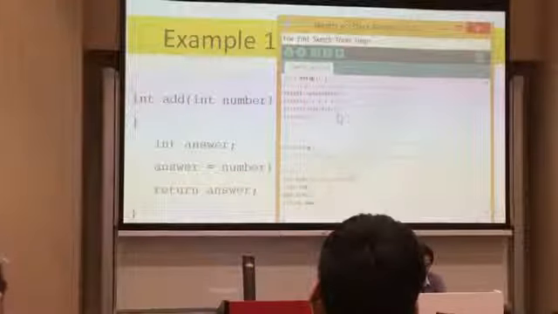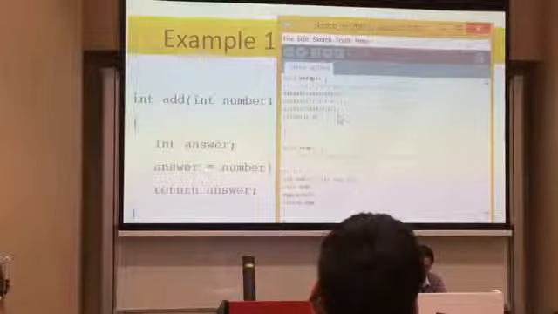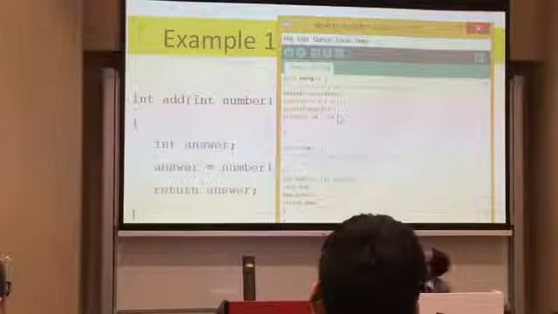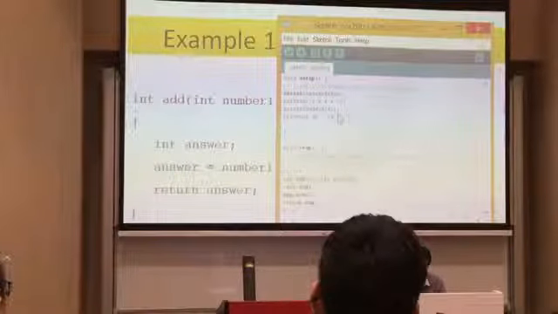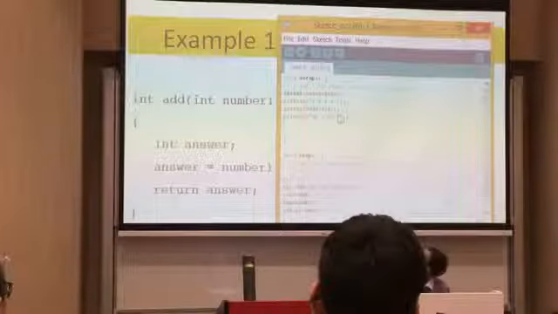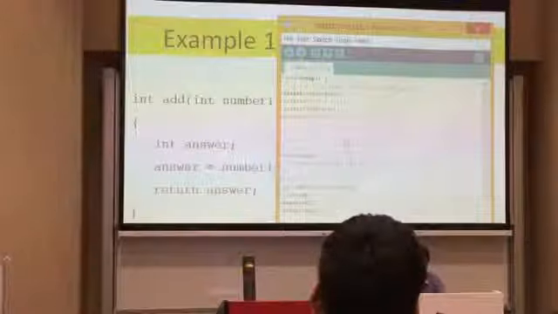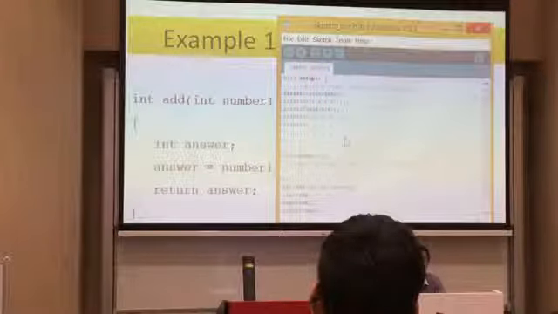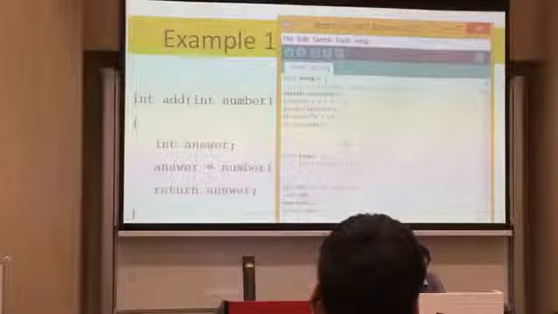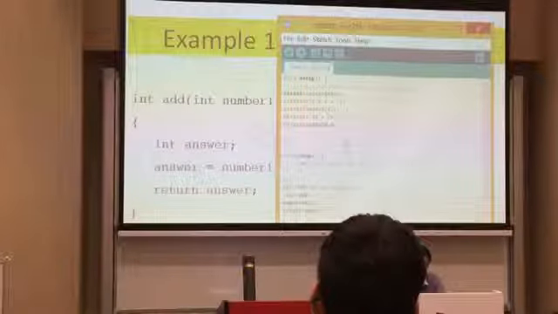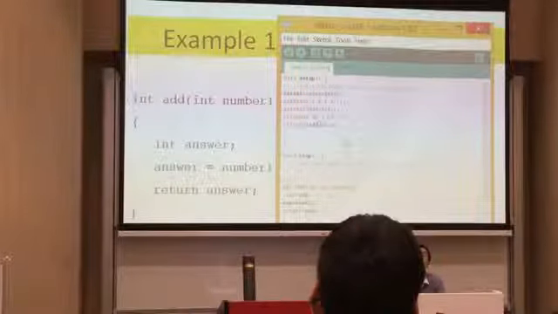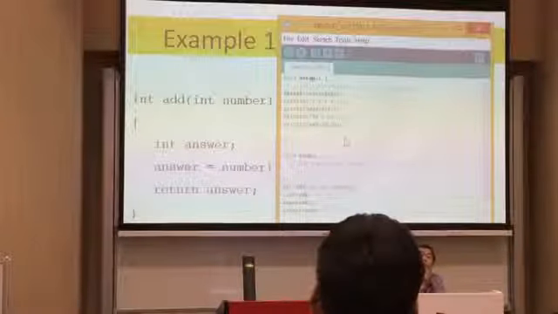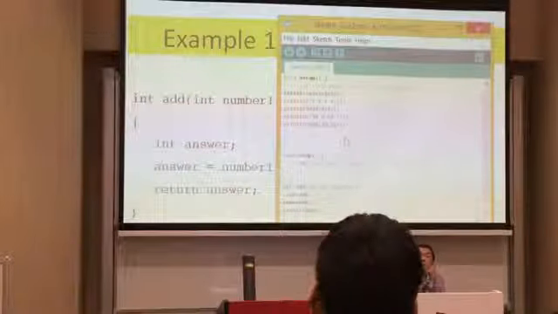This time I use 30 plus 60. So I need to call this function again, passing these two numbers, 30 and 60. Basically, this is the program.